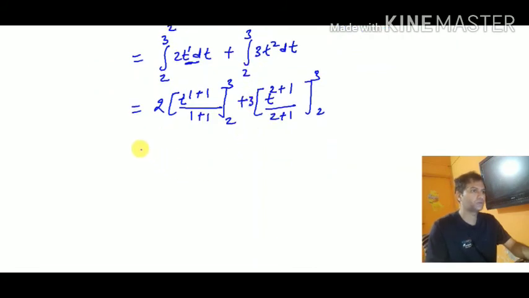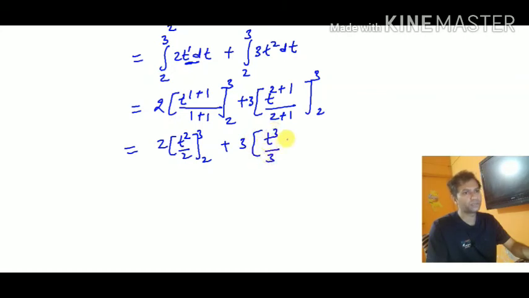Now solve this. So this is 2 t square by 2 limit 2 to 3 plus this is 3 t cube by 3 limit 2 to 3.